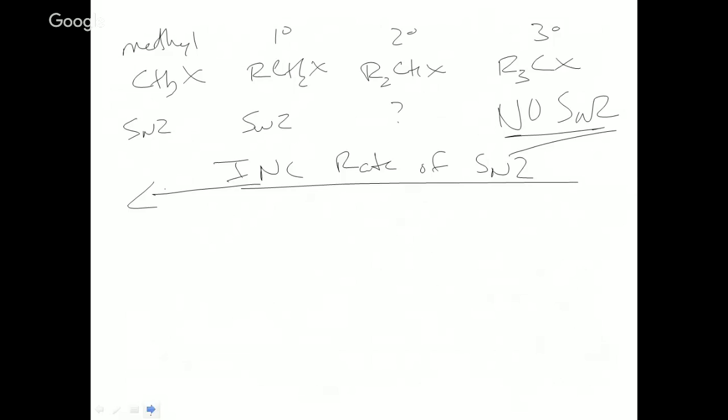Let's show the transition states, at least for the first few. We've shown these already, but what do you have when you just have H's? H's are smaller than methyls or other alkyl groups. So this methyl is the least sterically hindered transition state, right? And then if you put one R group, still not too bad.